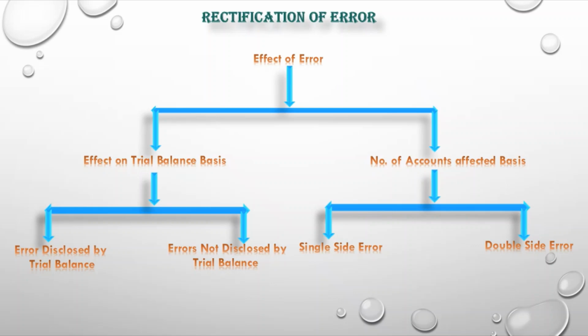I have tried to explain the kinds of error that an accountant actually needs to check again and again. An accountant needs to scrutinize their books again and again, whether their trial balance matches or does not match. They must make sure regarding the accuracy of the books. So I have discussed different kinds of error here.